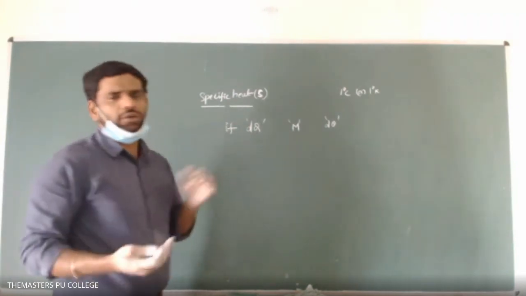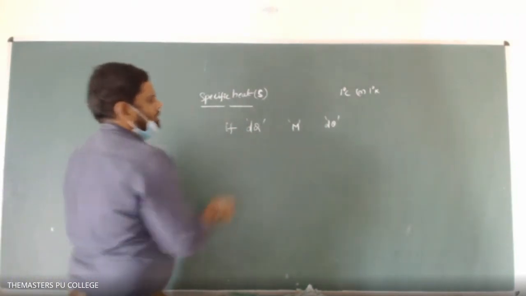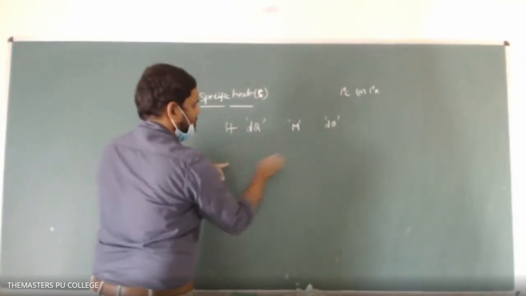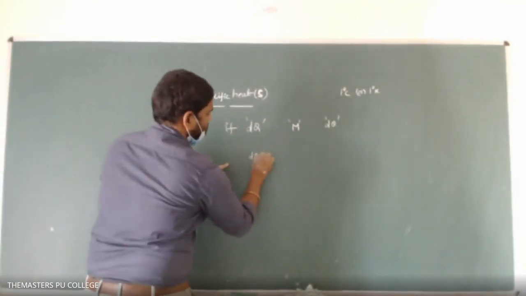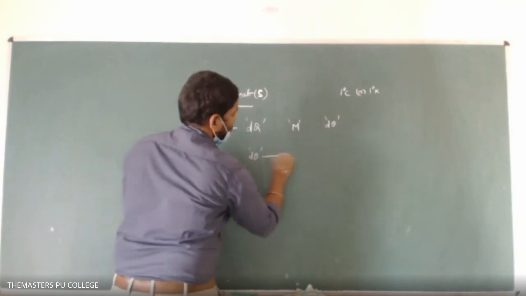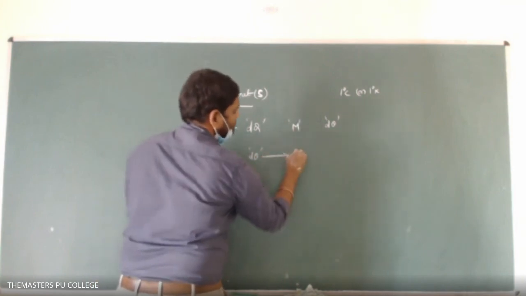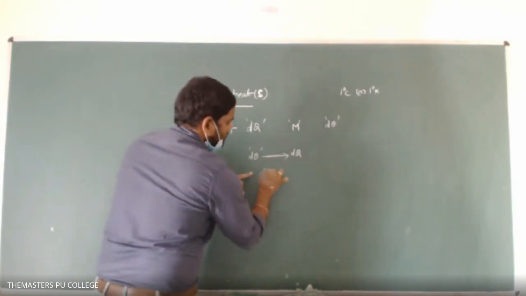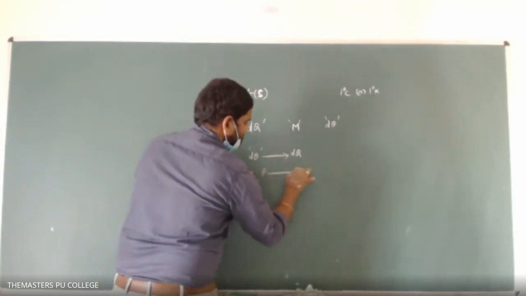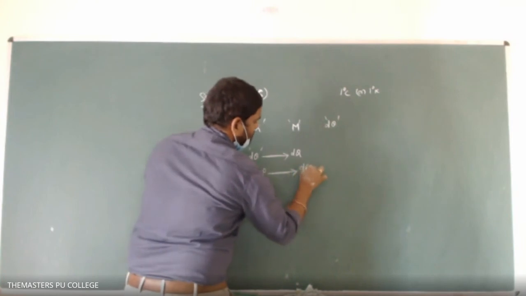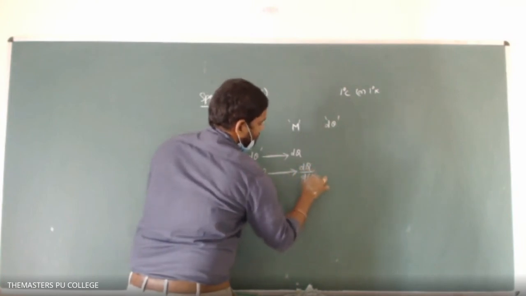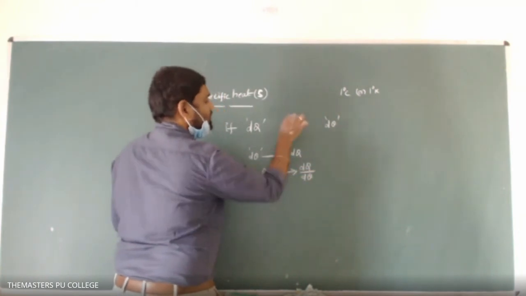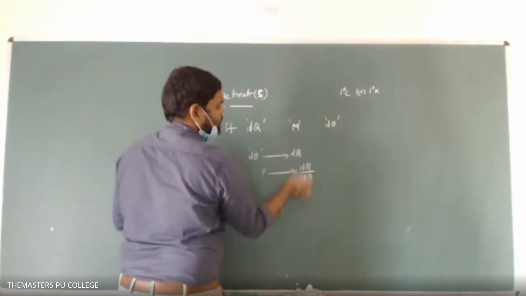So just have a look at it. Here dq amount of the heat is supplied so that its temperature is raised by d theta. To raise the temperature of the entire substance by d theta, we have supplied dq amount of the heat. To raise the temperature by 1 degree, we have to supply a heat of dq by d theta. This is the heat supplied to raise the entire mass of substance by 1 degree.